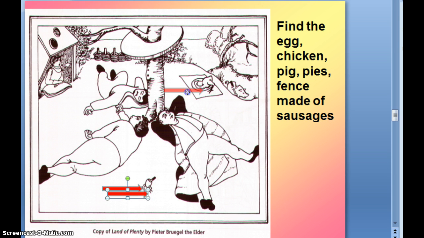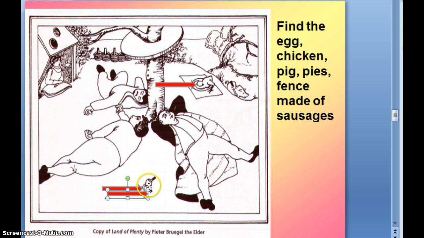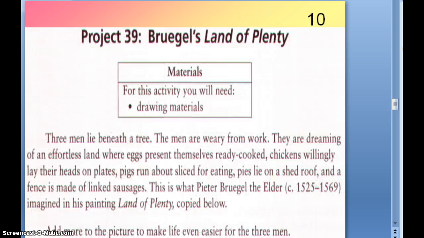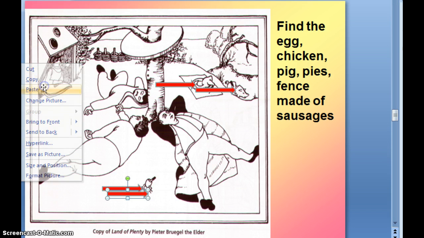So you probably found it already. Here's the chicken with its head on the plate. And I bet you found the pig ready for slicing right here. Pies lie on a shed roof, and a fence is made of linked sausages.